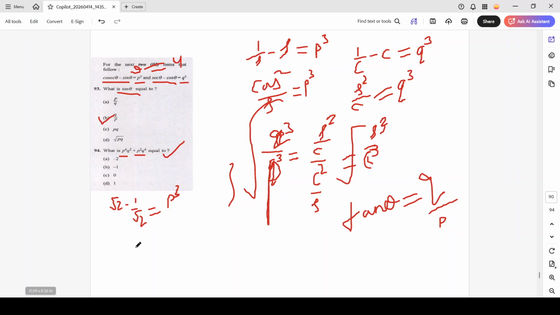So 1 by root 2 is the value of p cube, and similarly q cube also is equal to 1 by root 2 cube.